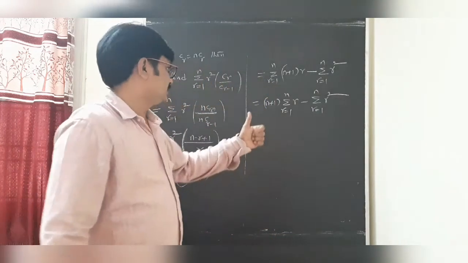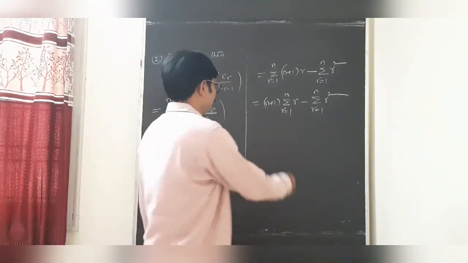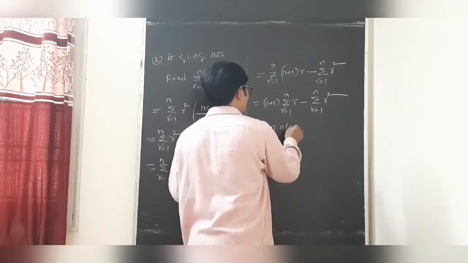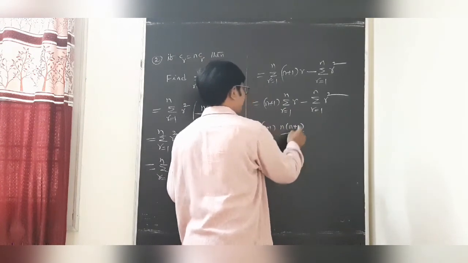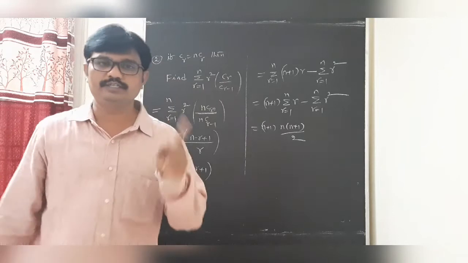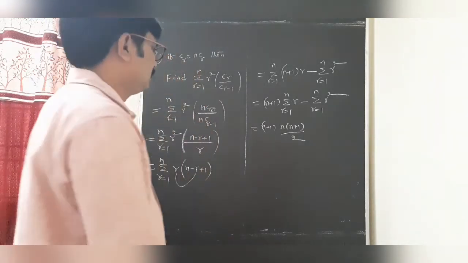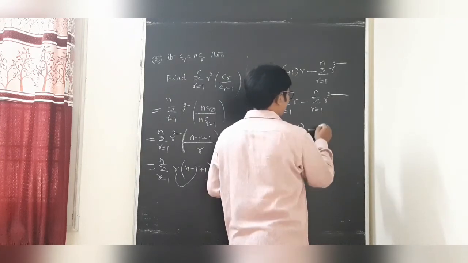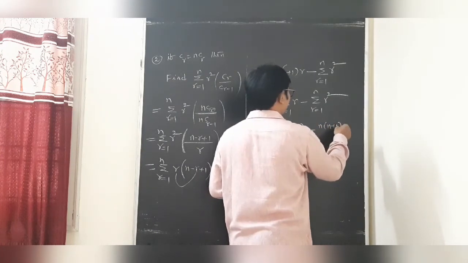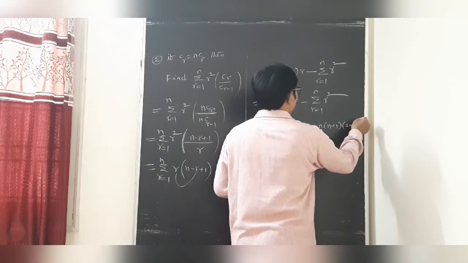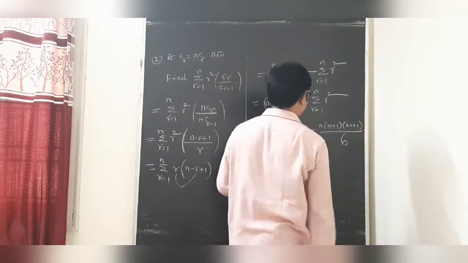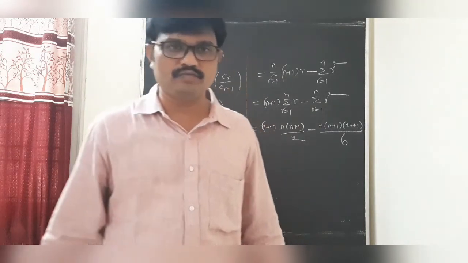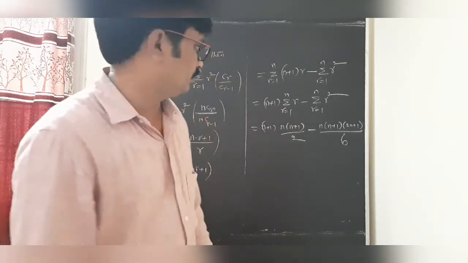Sigma r is n into n plus 1 by 2. Sigma r square, we know, is n into n plus 1 into 2n plus 1 by 6.